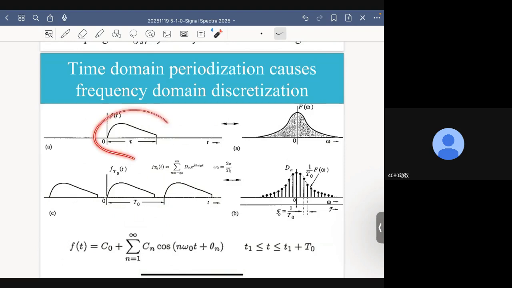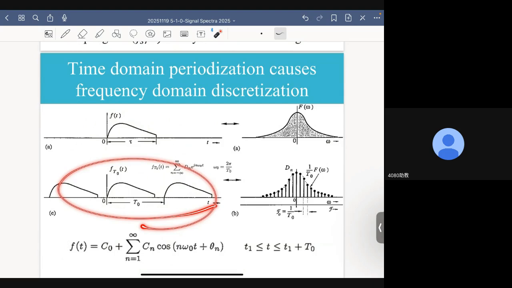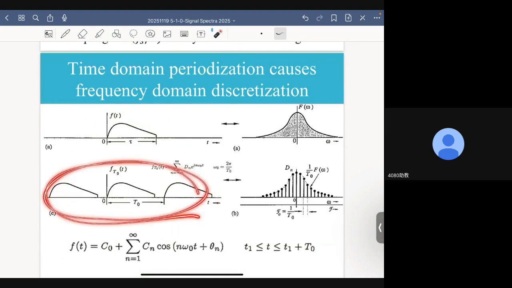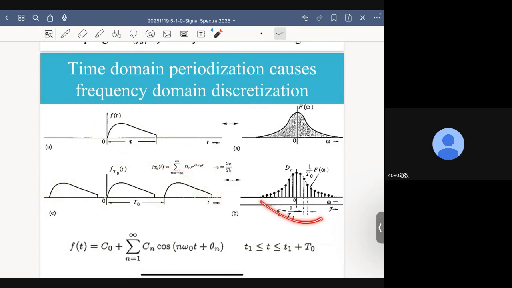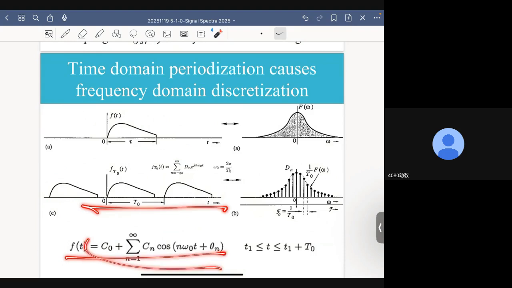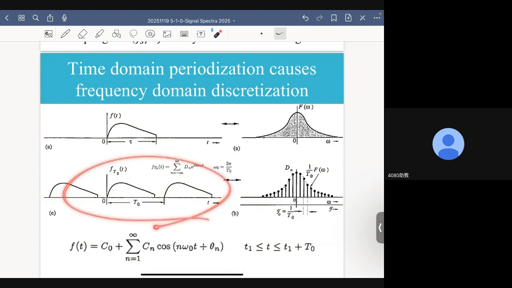I just keep repeating that. So what I have is this. Since this is a periodical signal, its spectrum has to be discrete, because it can be represented by a compact Fourier series. Then this spectrum will look like this. Periodical signals always have a discrete spectrum.